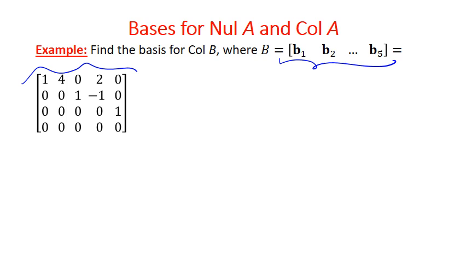Looking at this, it's in echelon form, and we can identify the pivots here. And each non-pivot column, these guys here, is a linear combination of the pivot columns.